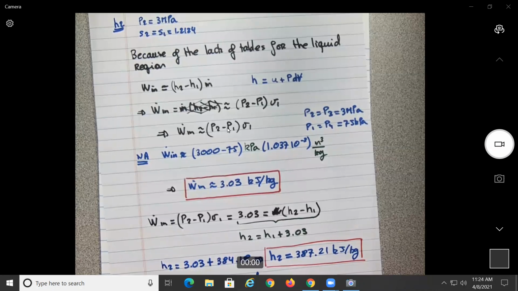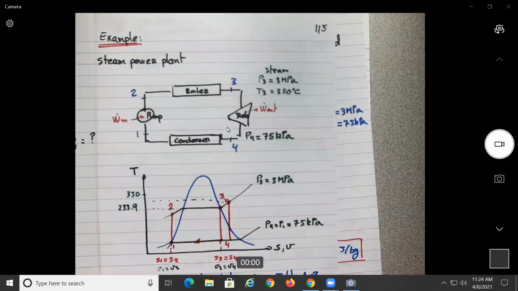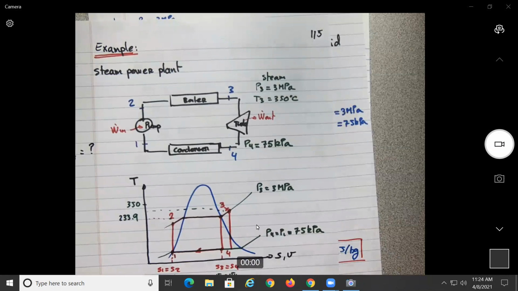Okay, so why is this helping? It's because from this figure, you know that P2 and P1 are known, because P4 equals P1, and P2 will be equal to P3 because this is a line of constant pressure. So the power here is just equal to the change in pressure times the volume at constant volume.